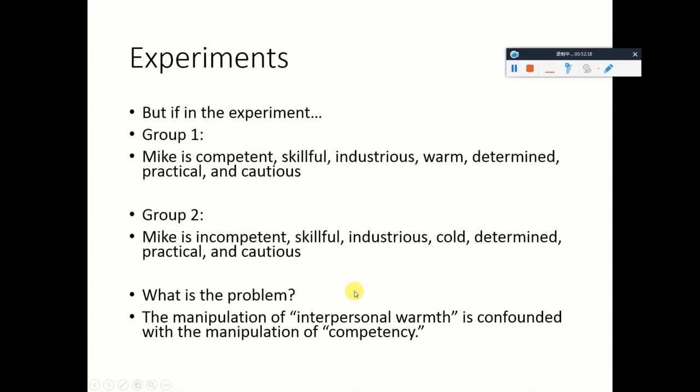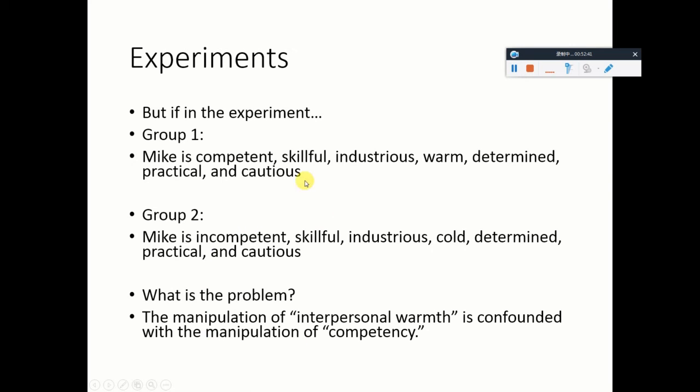Right? That's what we said. The manipulation of interpersonal warmth from warm to cold is confounded, or is manipulated at the same time as the manipulation of how competent Mike is. Competent versus incompetent. Okay?